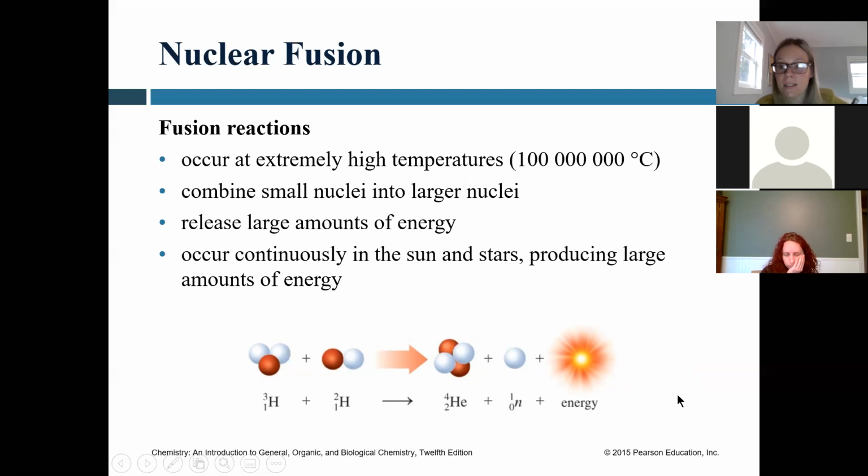So all of the elements in your body, all the carbon, all the nitrogen, some of these heavier things, were all formed in the belly of stars. It's very, very cool to think about. If we didn't have stars, we wouldn't have anything outside of hydrogen and maybe a little bit of helium.